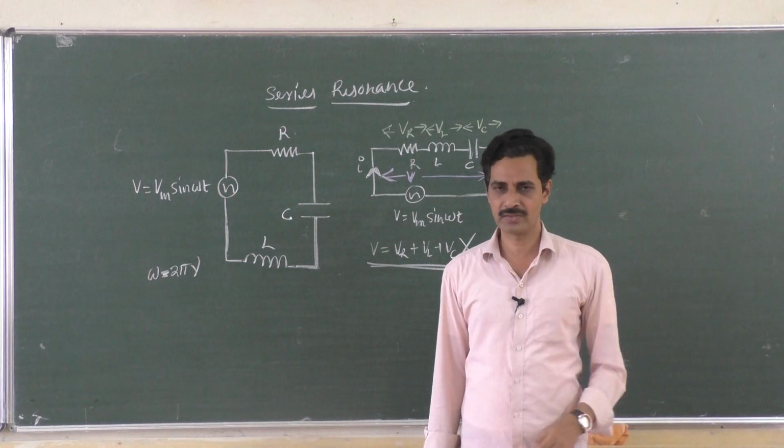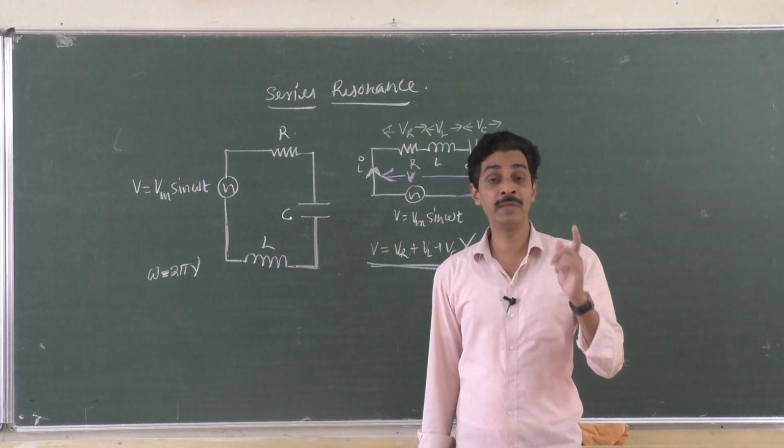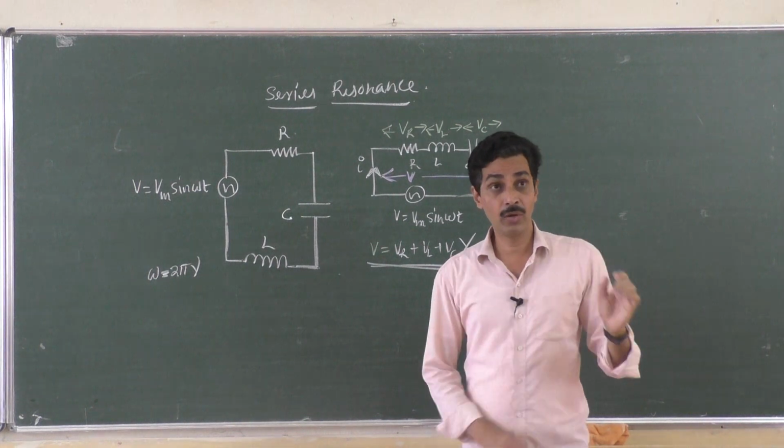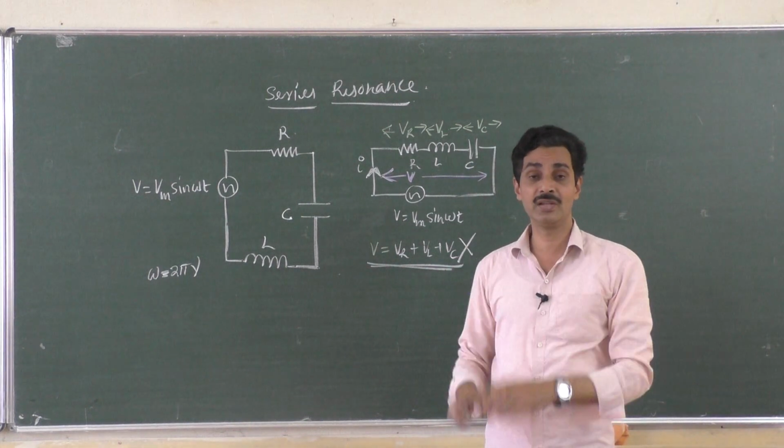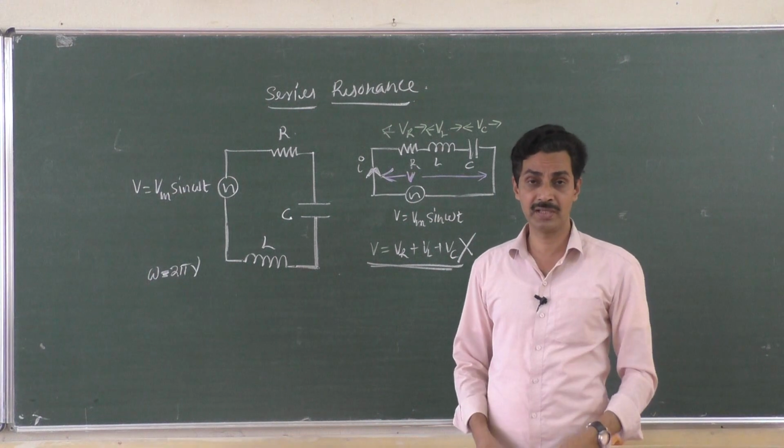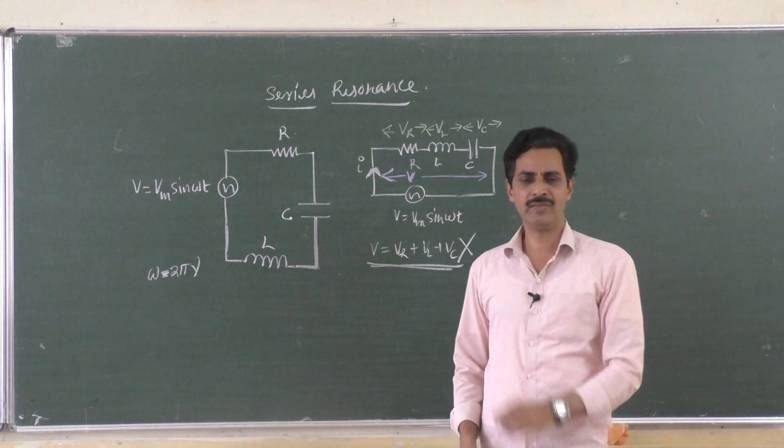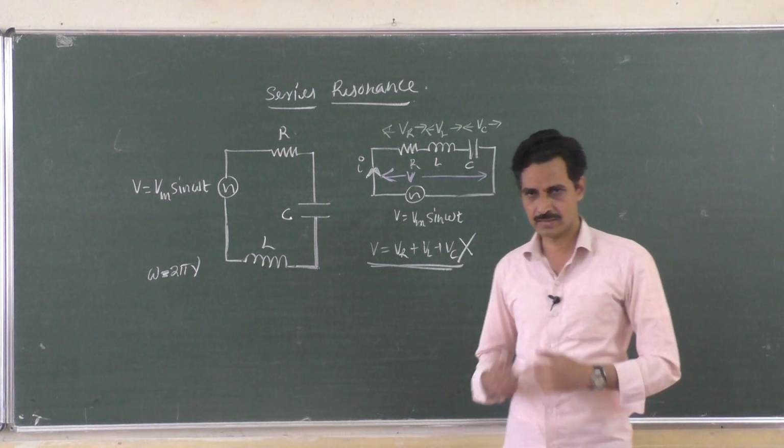They will never be maximum together. They don't attain the maximum value together and zero value together and minus maximum together in an inductor and capacitor. They will always have a phase difference of 90 degrees.